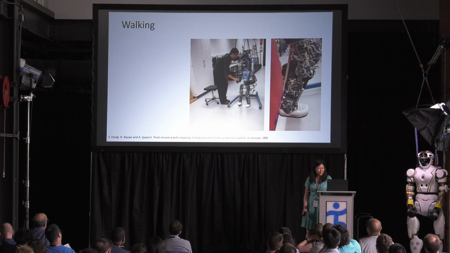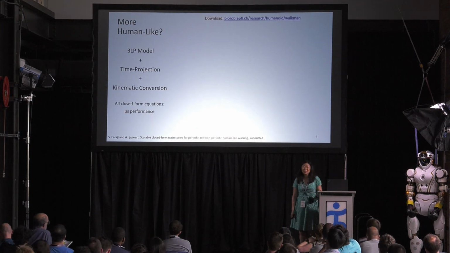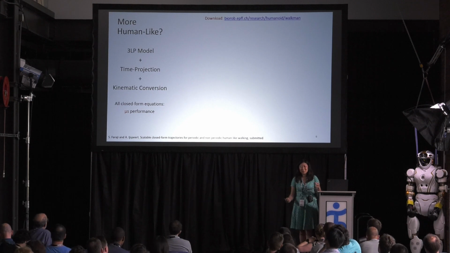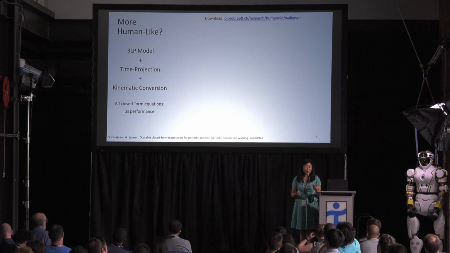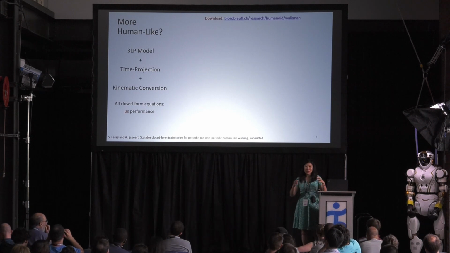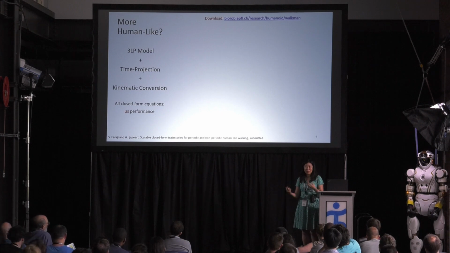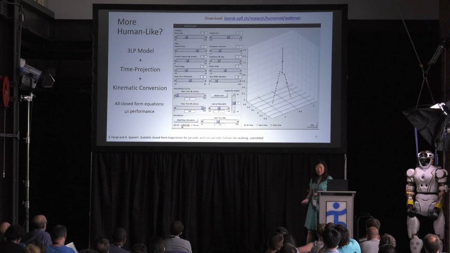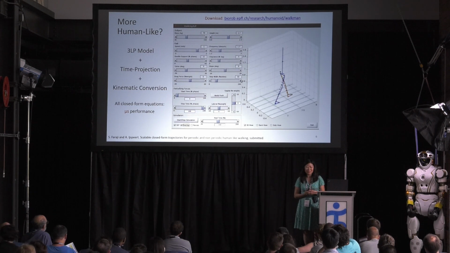So what he wanted to do was, if you notice, the 3LP model is simply inverted pendulum legs that can extend or retract, and he wanted to do something more human-like. So what he did was convert this inverted pendulum model into something more human-like with a knee joint, for example. This is a video of the graphic interface that he designed.